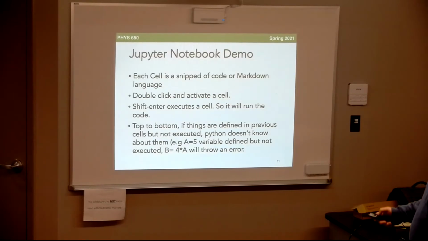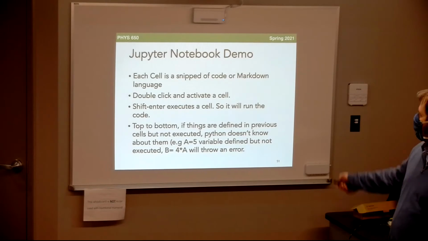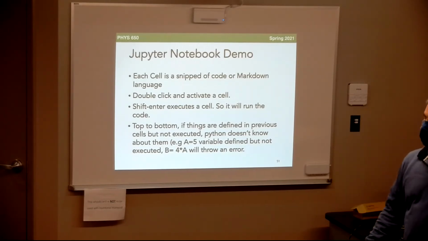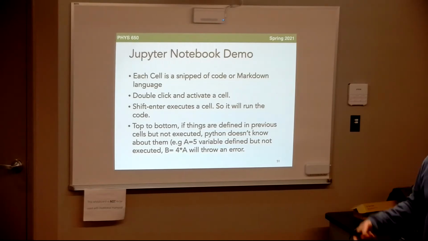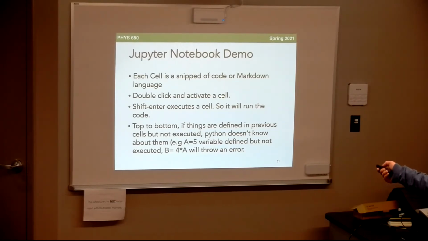Okay. And so each cell is a snippet of code or markdown language. So basically I have either Python code or markdown, which is basically just text. You double click to activate a cell and then shift enter executes it. So you can just run this code, and the neat thing is it's great for prototyping.